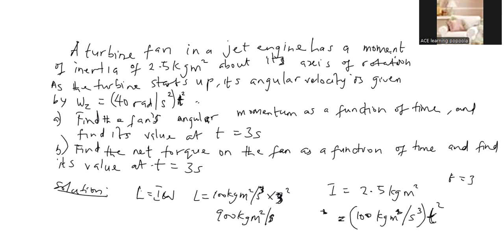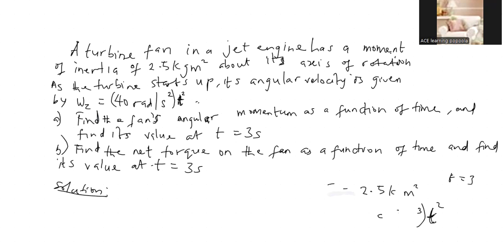Part B says we should calculate the net torque on the fan as a function of time and find its value also at time t equals 3 seconds. So what is the formula for torque? We know that torque as a function of time is equal to dL dt.